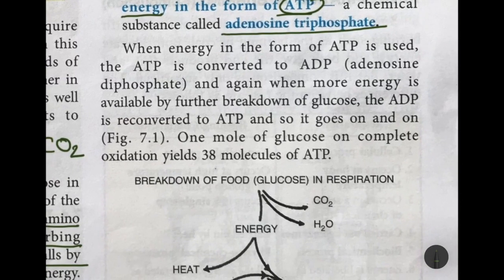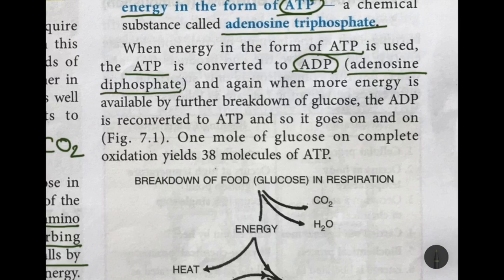Now, when plants use energy for different functions, they use it in the form of ATP. So what happens? From ATP, adenosine triphosphate, there are 3 phosphate groups. One phosphate is used up when energy is used, so it is converted to ADP, adenosine diphosphate. Now there are only two phosphate groups. Again this abbreviation is important, adenosine diphosphate.